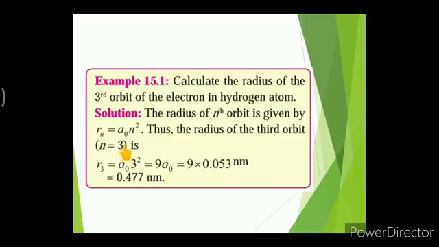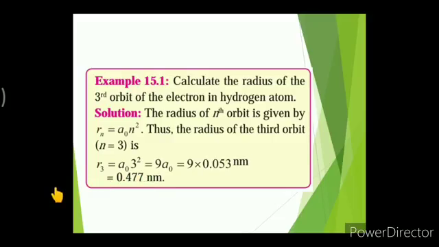As the value of n is 3, it is written as R3 is equal to a0 into 3 square. 3 square is 9 into a0. So 9 a0 will become, as a0 is 0.053 nanometer, it is to be multiplied with 9, and hence we get the multiplication as 0.477 nanometer.